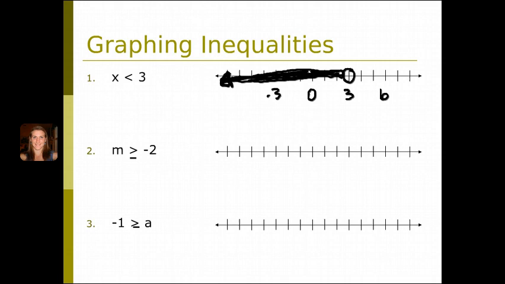Our second example, m is greater than or equal to -2. Again, 0, -2, -4, and then we'll do 2 and 4. Our starting number is -2, so I'm going to put a closed circle around -2 because -2 could be a solution because of our equal to sign.